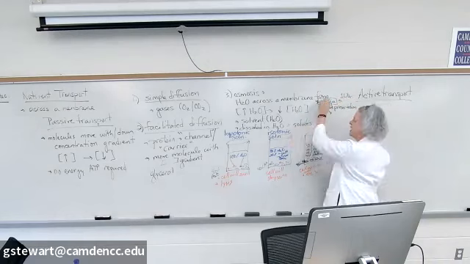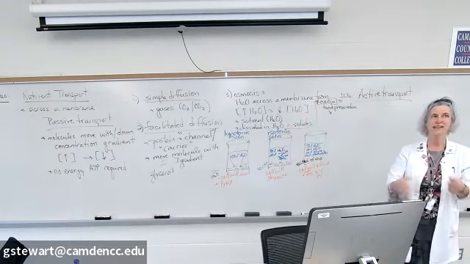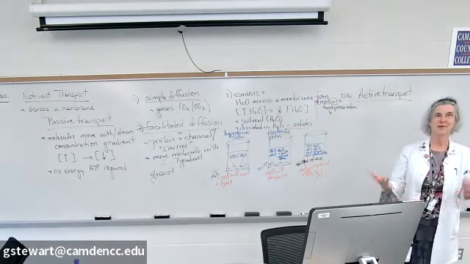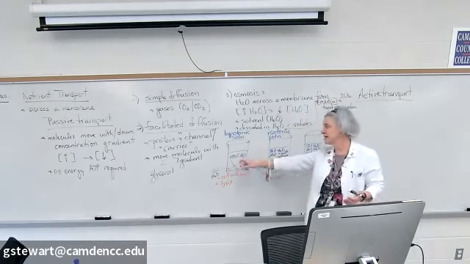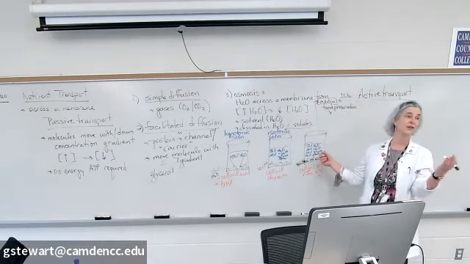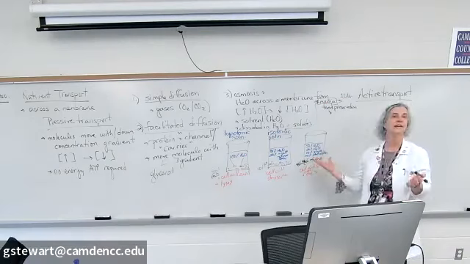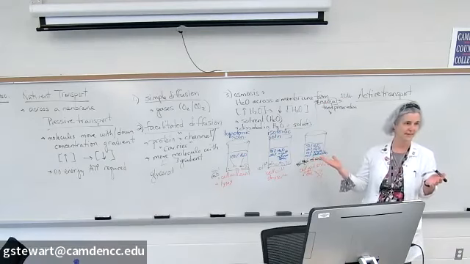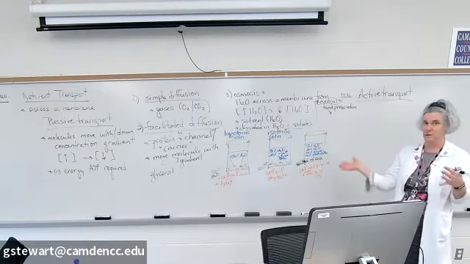And we try to keep it as isotonic as possible, because the whole goal of making the media is to make the bacteria grow in the laboratory so that we can study them. And if we make the media too dilute or too concentrated with what we think are good things, too nutritious, we're going to kill the bacteria and then we won't have anything to study. So that's one practical reason why we have to go over this again.